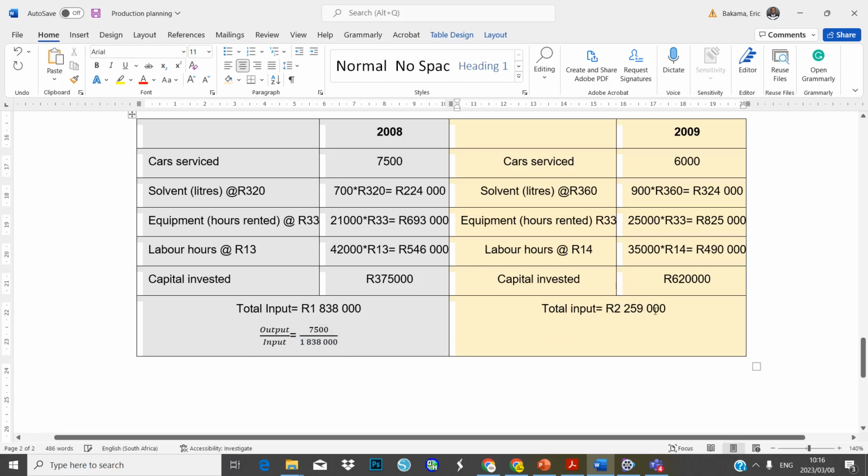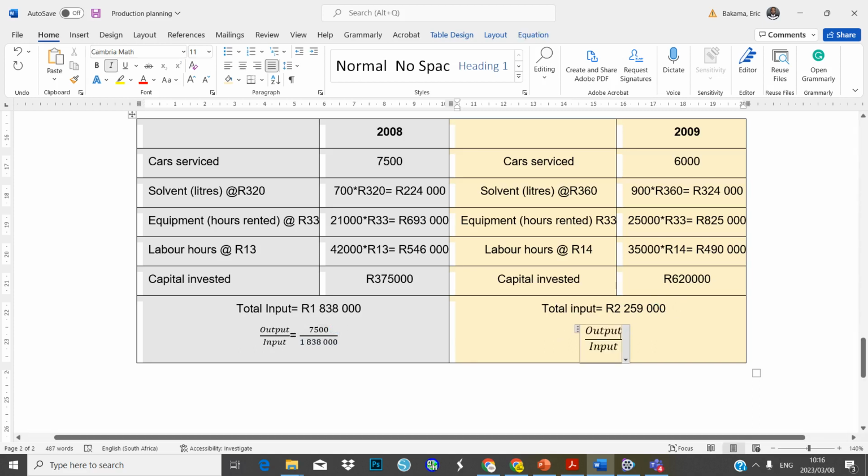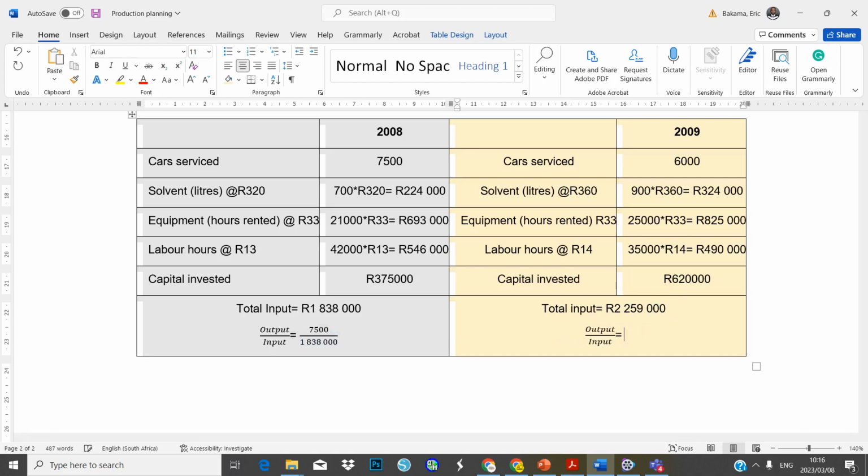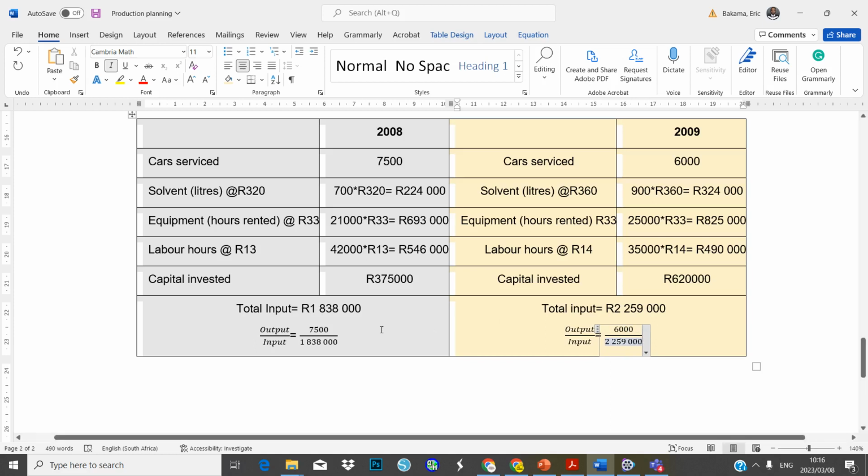Then the same thing will be done here. The company produced approximately 6,000 units, and they've spent almost 2,259,000 rand. This is what the company has spent.